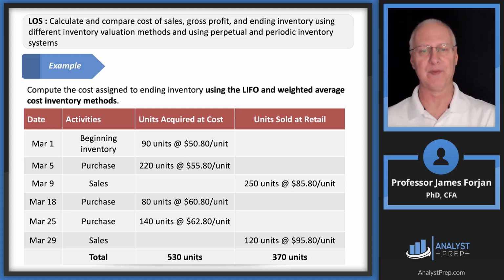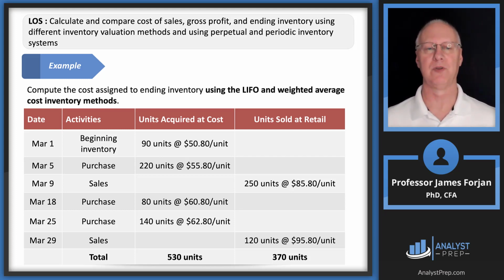We sold 250, so we're only left with 60 units of inventory. So we probably need to replenish that inventory, which we do on March 18th and March 25th. But notice that we don't purchase either the same amount of units or at the same price. So we buy another 120 units at two different prices, and then we sell 120 of those at $95.80.